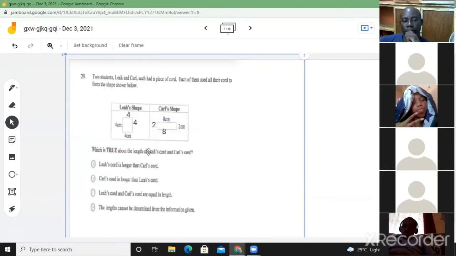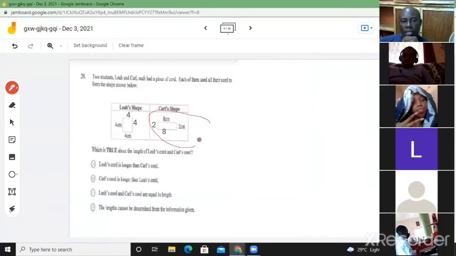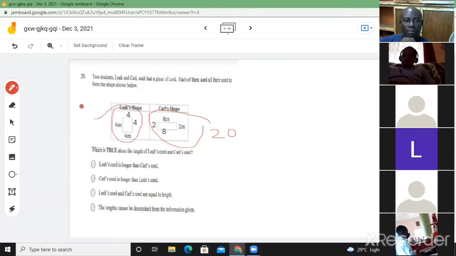So basically, we can say this is 20 and this is 16. True or false? True. So we're looking at a total here of 20, and a total here of 16. So we could conclude that Carl's card will be longer.